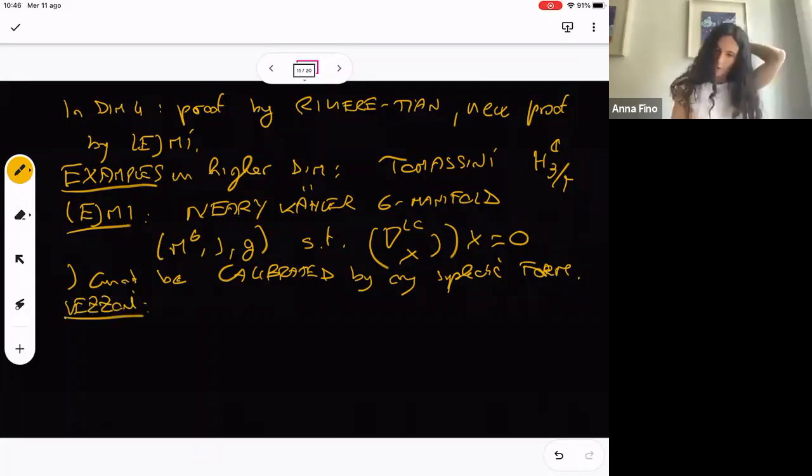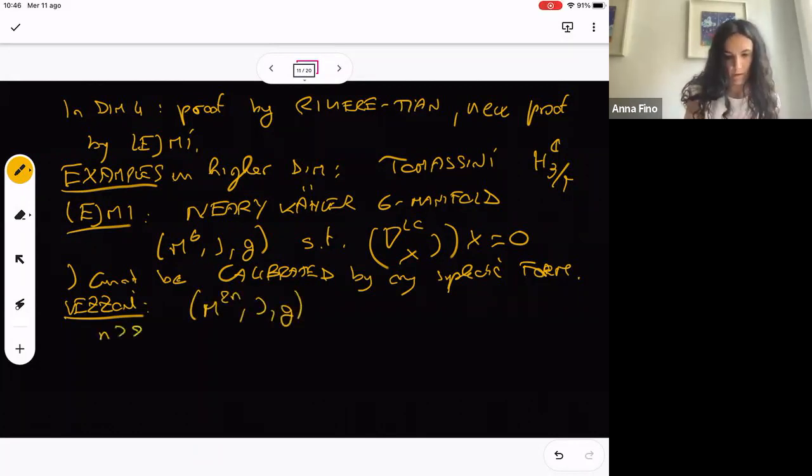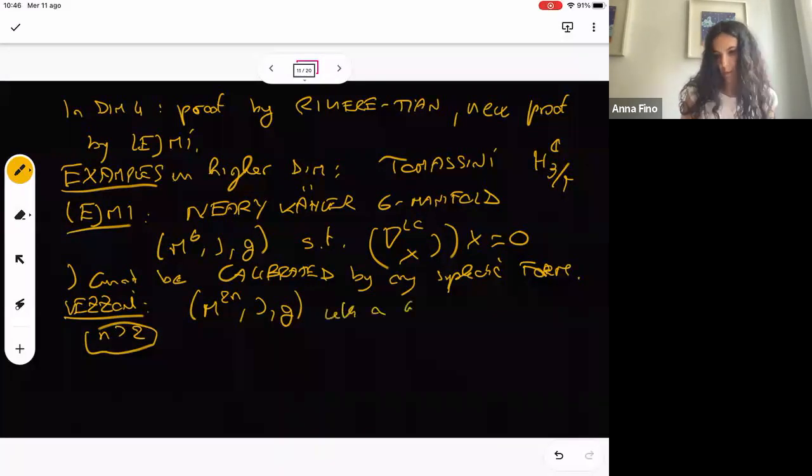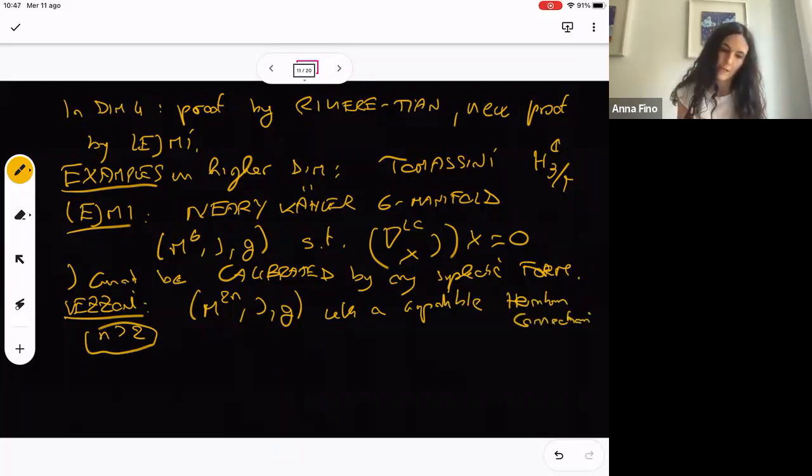It was done by Luigi Vezzoni, showing that in any dimension, not only 4, so n bigger than 2, if you have an almost Hermitian structure with a compatible Hermitian connection, meaning J is parallel with respect to the connection and also g is parallel, with skew-symmetric torsion.